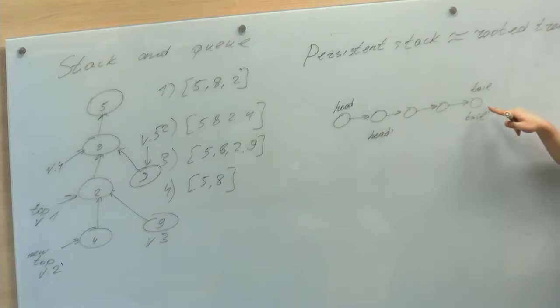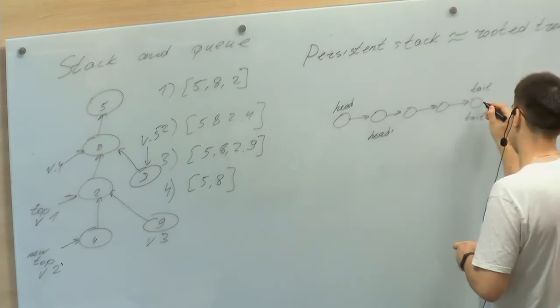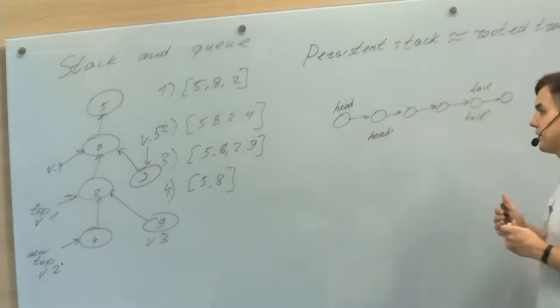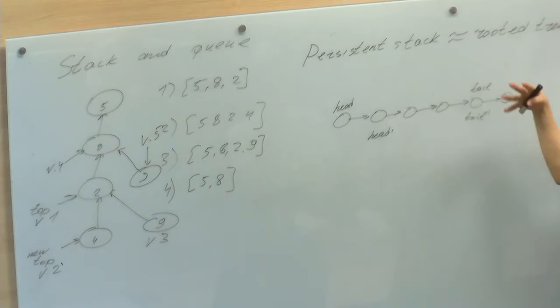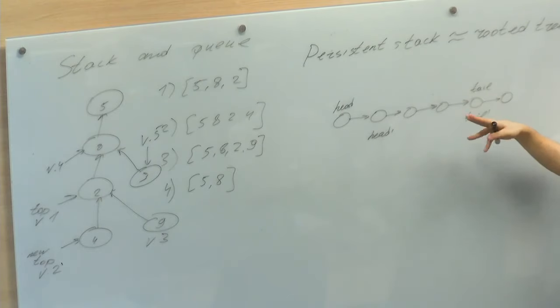Well, we cannot just simply modify this node, right? Because if we add one more node here, the old versions are now corrupted. So the old versions now think there's an element after tail, but there is not.